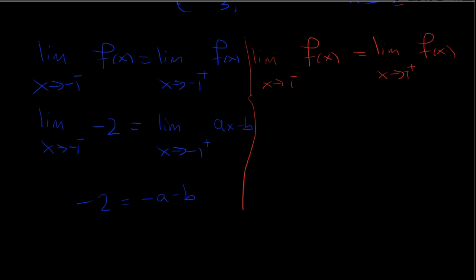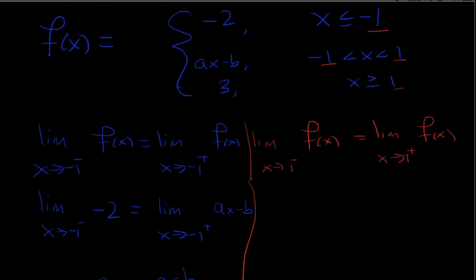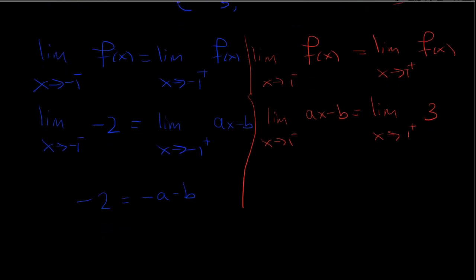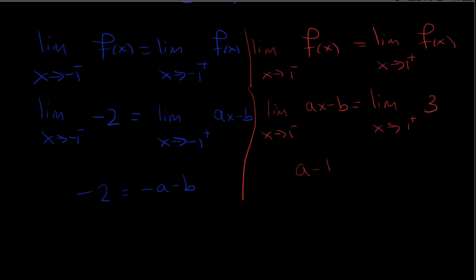Now I'm looking at the limit as x approaches 1 from the left, which is going to be the ax minus b equation, since x is between negative 1 and 1. And as x approaches 1 from the right, that's just going to be 3. So I'm going to plug in x equals 1 to get a minus b equals 3.